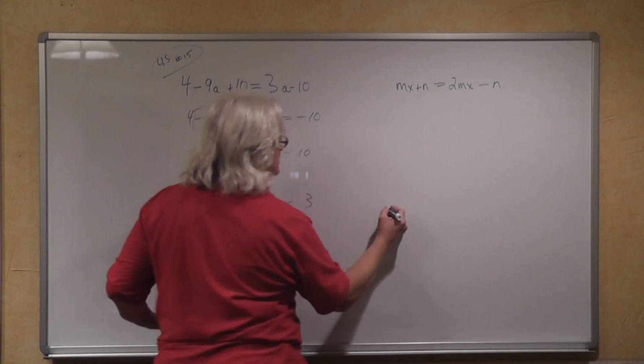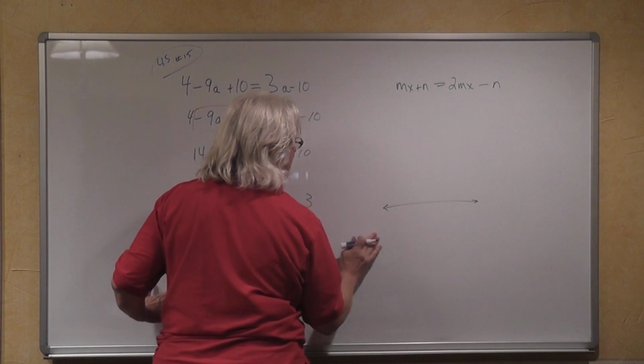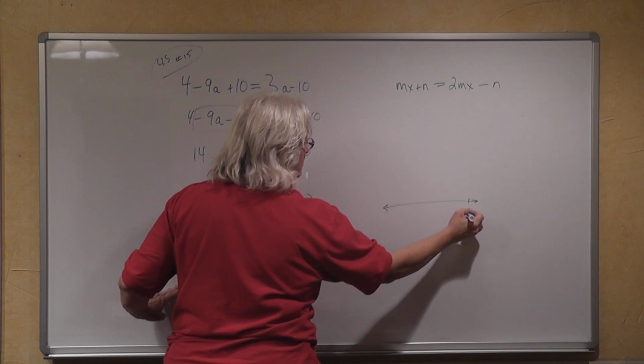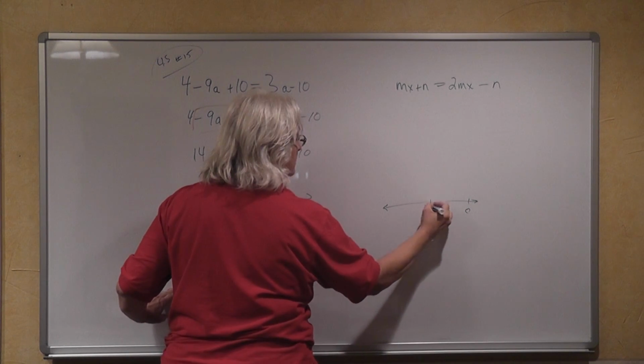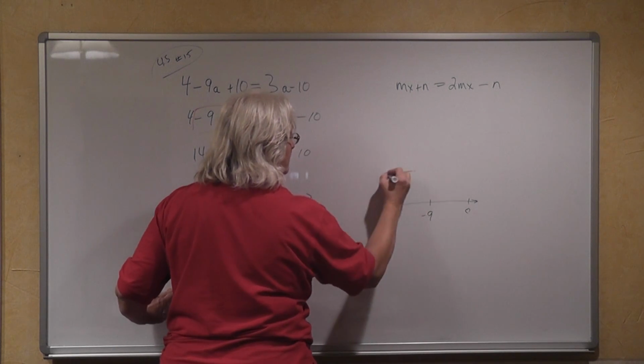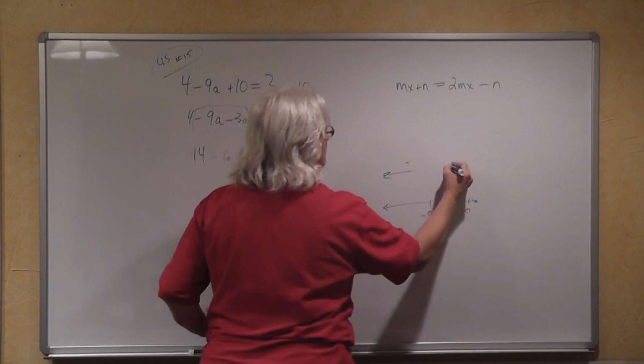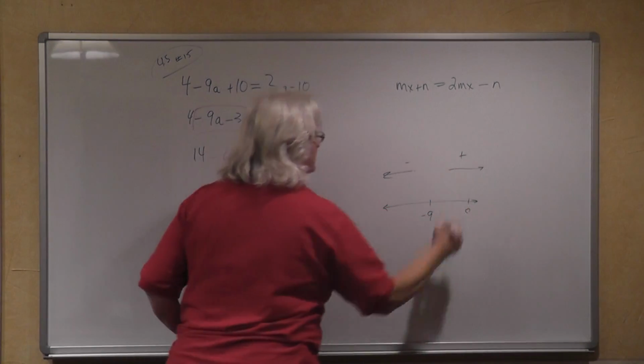You can look at this, think of it now on a number line. Okay, we're at 0 there. Here we are at negative 9. Remember, to the left on the number line is negative. To the right on the number line is positive.